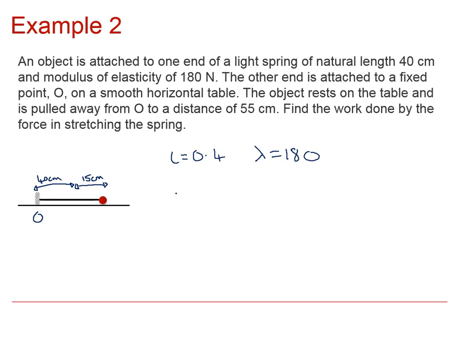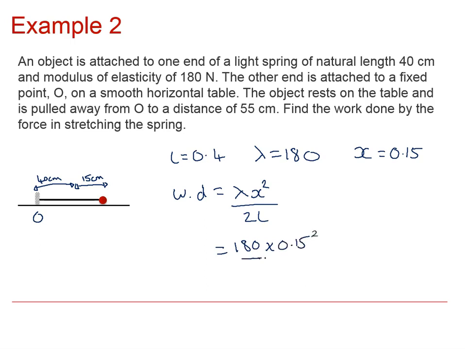Work done and elastic potential energy are the same. So the work done is lambda x squared over 2L. We worked out that x is 0.15. So our work done is 180 times 0.15 squared all over 2 times 0.4.